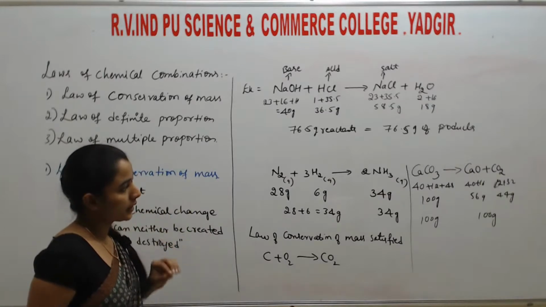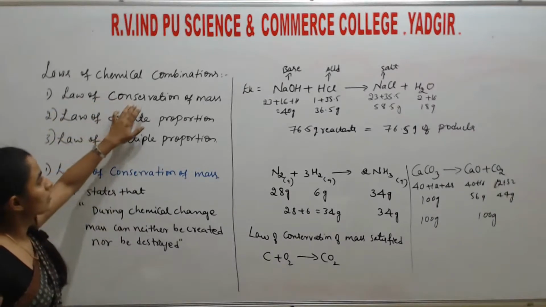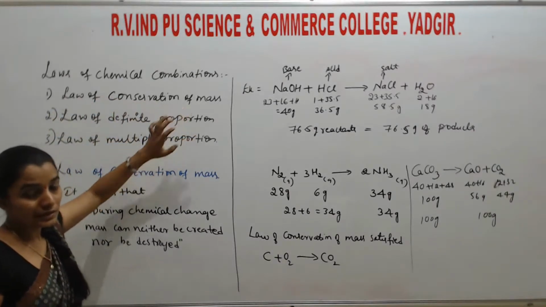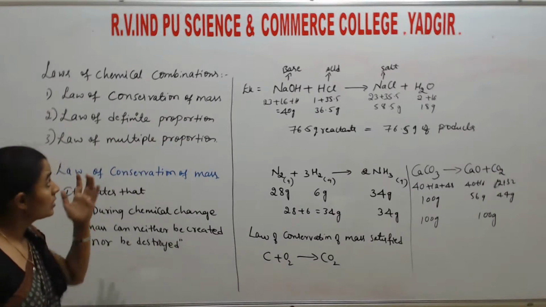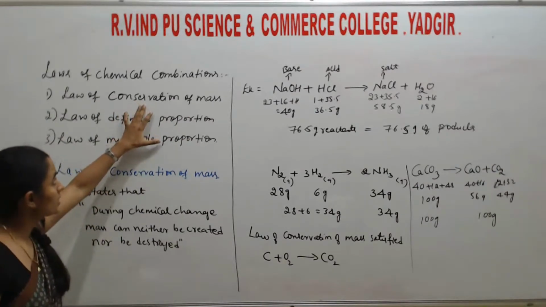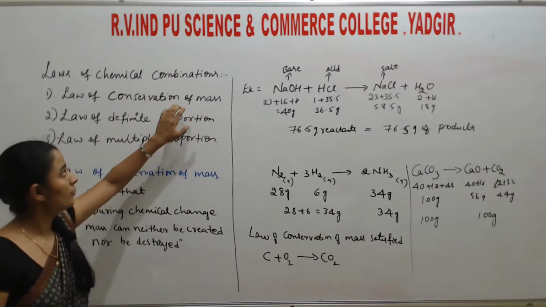So that is called what? Law of conservation of mass. So this law was suggested by whom? Lavoisier. Lavoisier was the scientist who first suggested this chemical combination law, the law of conservation of mass.